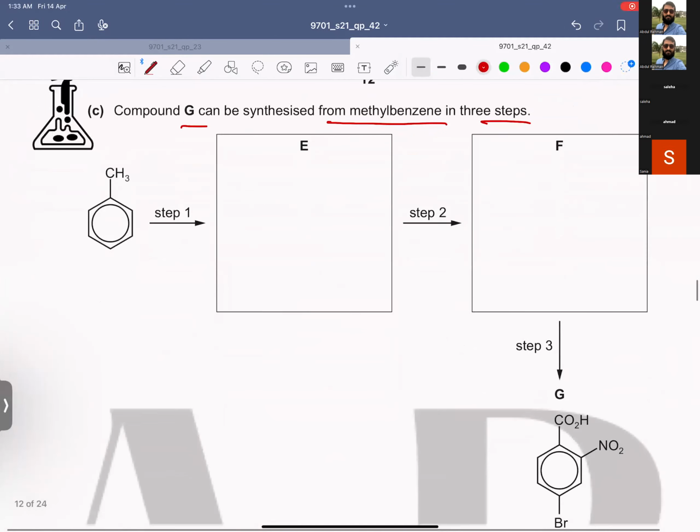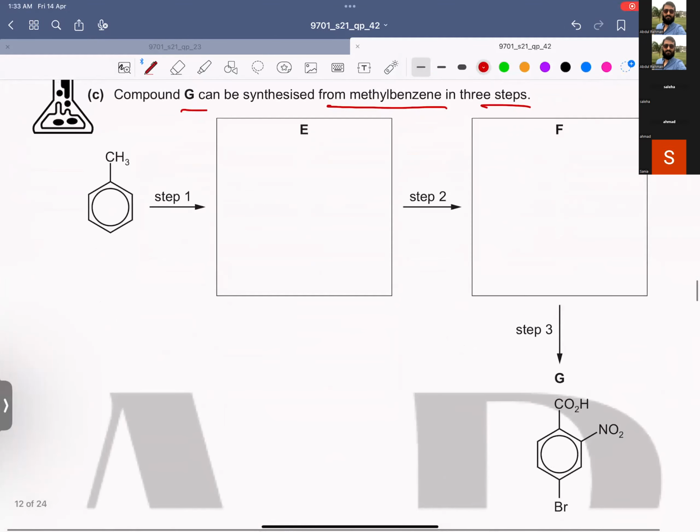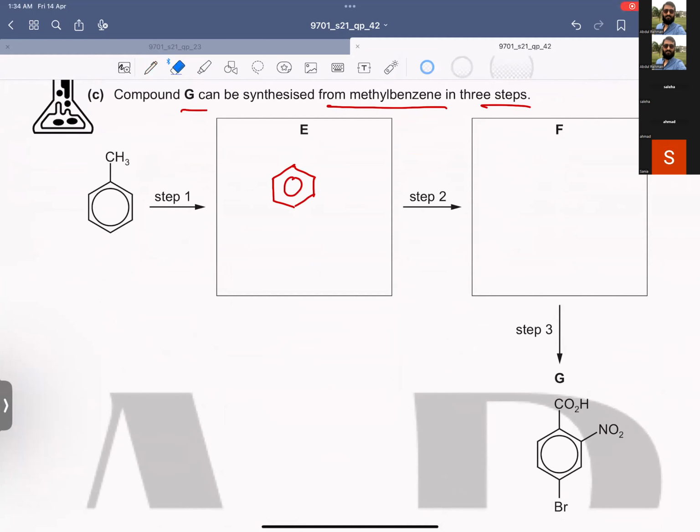Here we have a compound G, so we have to figure out E and F. If I do the nitration of this methyl benzene, as methyl is electron donating in nature, the nitro group is going to be substituted on the second position.